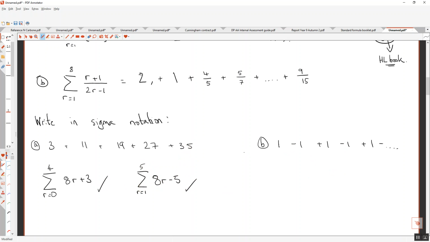This one is slightly trickier. Has anybody got an answer for it? A bit of a clue is, how do you make a number go from positive to negative? If I've got the number -1, how do I make that positive or negative? Absolute value?